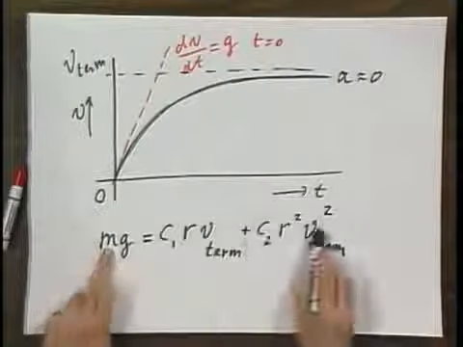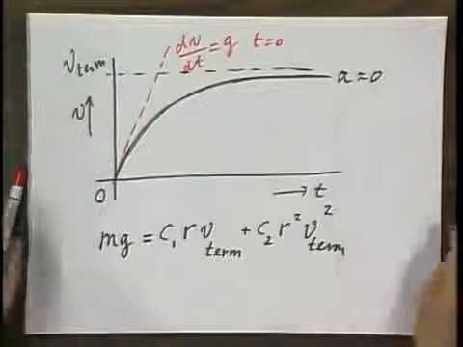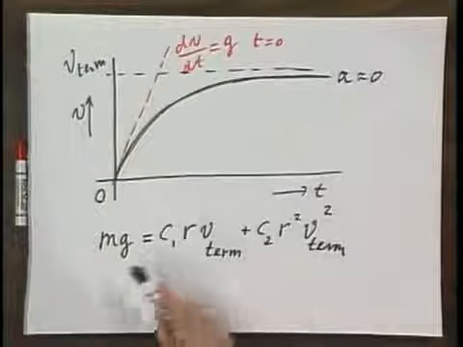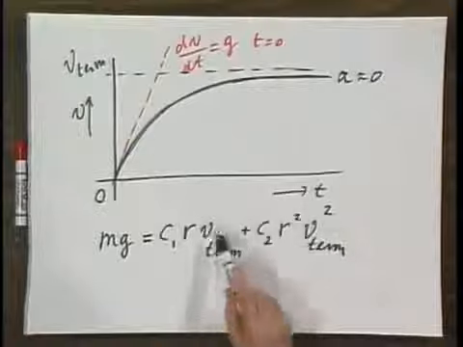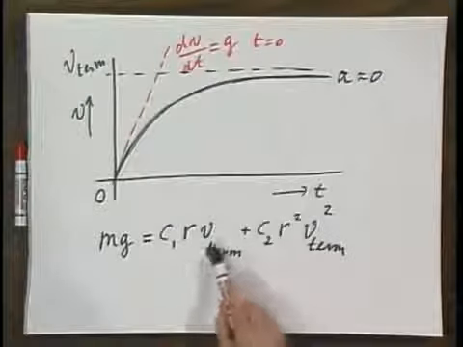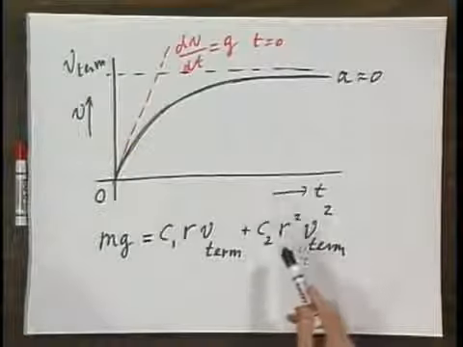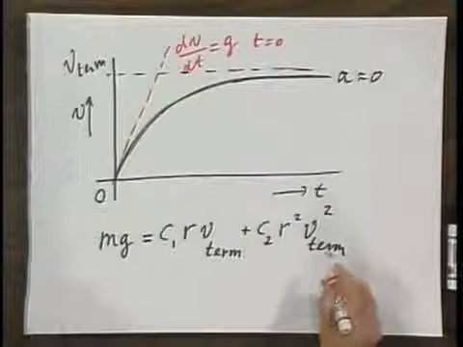When this is the case, then the net force on the object becomes 0. The acceleration, a, becomes 0. Now when you solve this equation, you are going to get two roots, a positive and a negative root for the terminal velocity, and the negative root, of course, you will ignore. But it is one equation with one unknown, so you should be able to solve this.